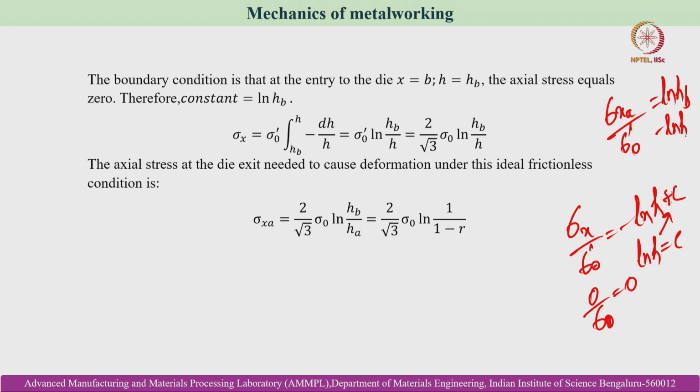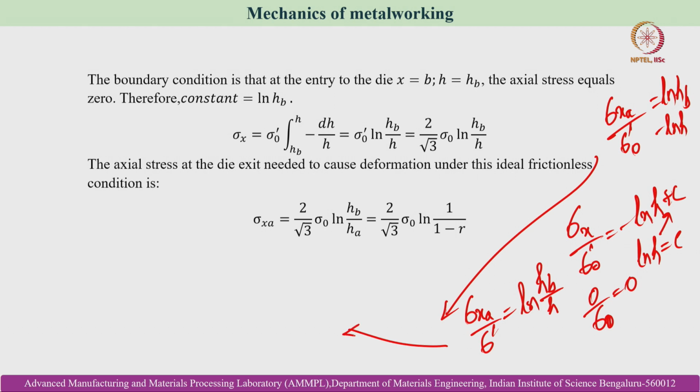Okay. So, what can be written is sigma x a by sigma 0 prime is equal to ln hb by h. And so that means sigma x a is equal to sigma 0 prime ln hb by h. Sigma 0 prime, we know from the distortion energy criterion, is 2 by root 3 into sigma 0, that is the yield stress, times ln hb by h.